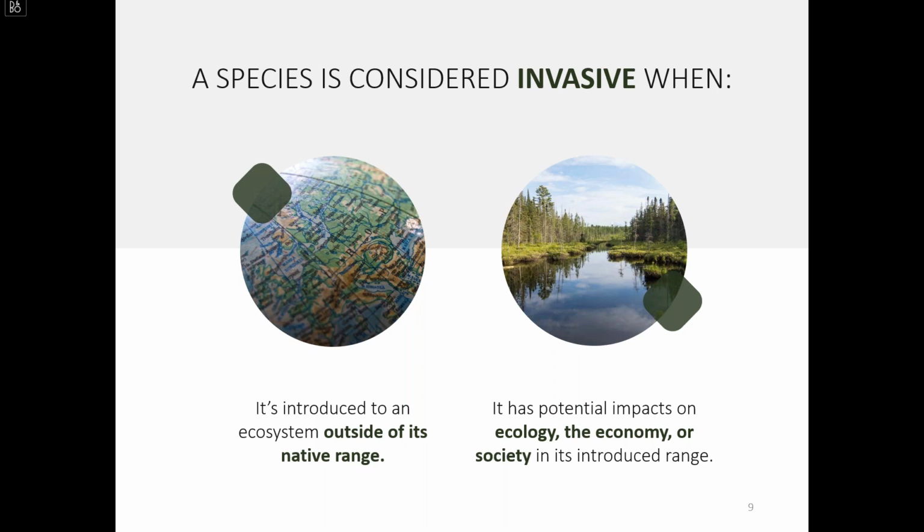This second part is really the most important part. A species is not inherently invasive if it's introduced outside of its native range. It has to have this second step. It must cause harm to at least one of these pillars: ecology, economy, or society within that introduced range. And typically an invasive species causes harm to all 3.